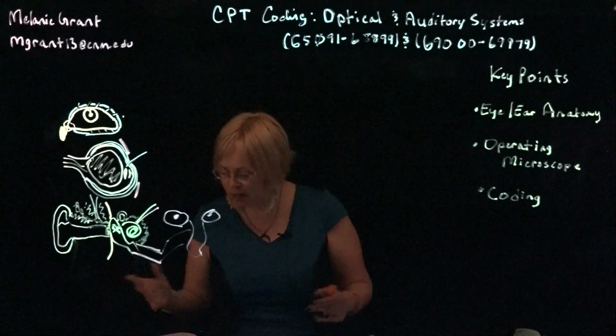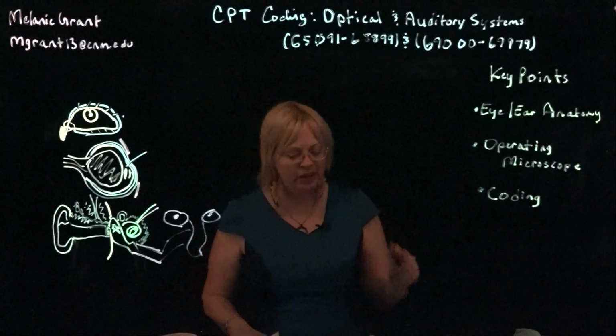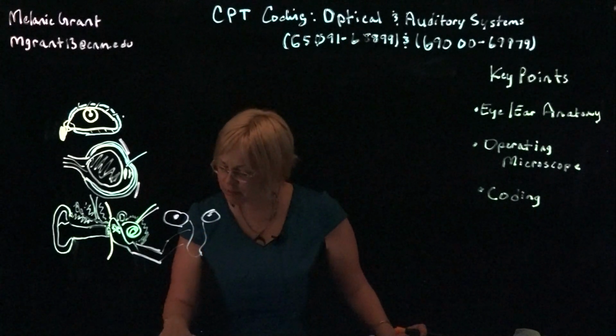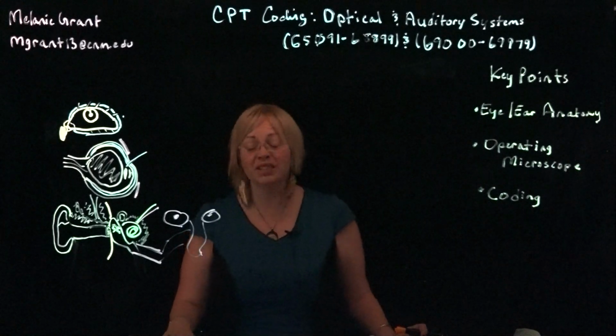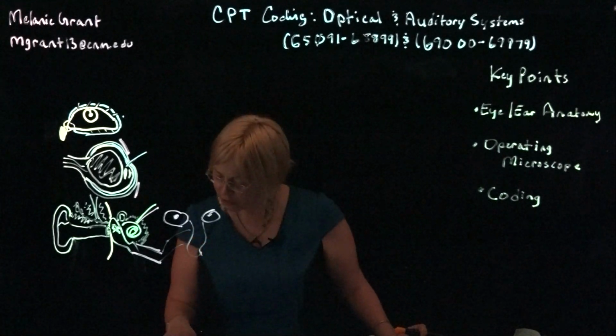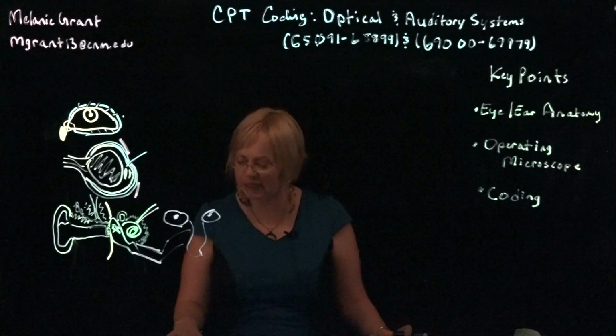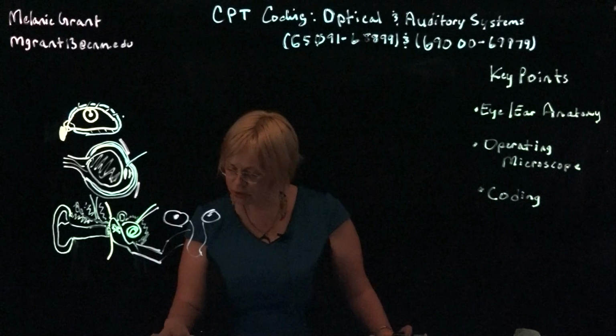Okay, so pretty much the types of procedures you see on the ear are pretty straightforward, as I mentioned. One of your more common ones is a tympanostomy, which is where they're going in for middle ear infection, also known as otitis media, and there's fluid building up.